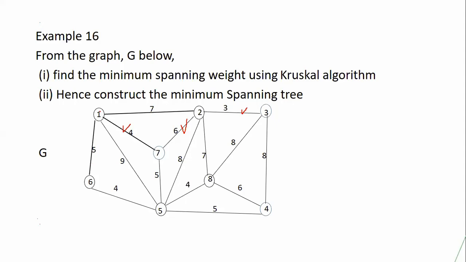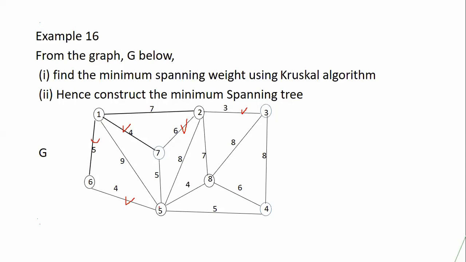If we take the least among them, it is 5. So we will now go towards 6. We will now pick this edge, that is 1, 6. So we are now at 6 here. Now at 6, we have only 1 edge to go with, 4. So we take this route. We get to 5 here.